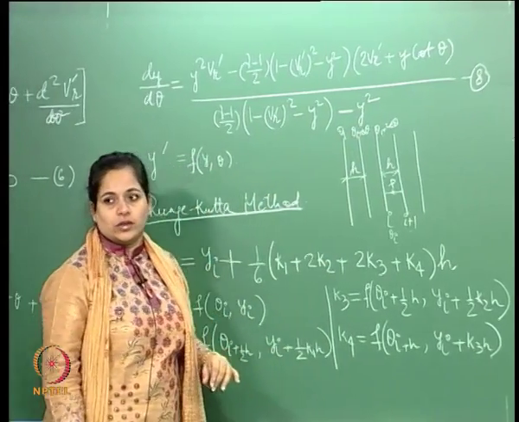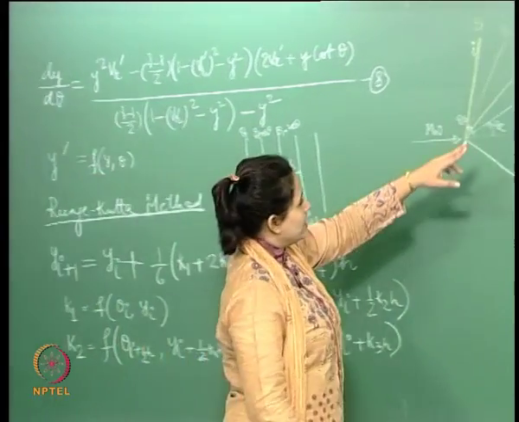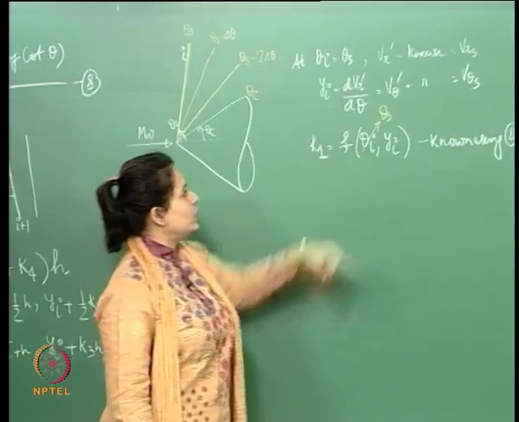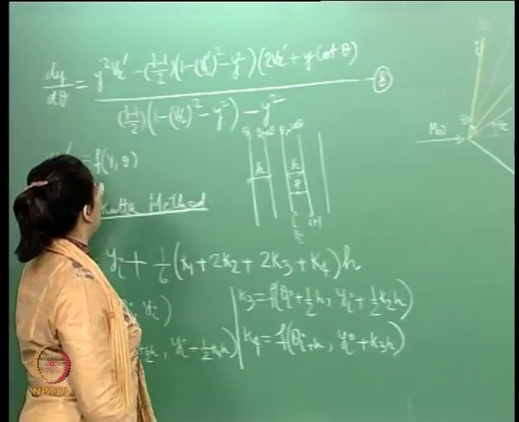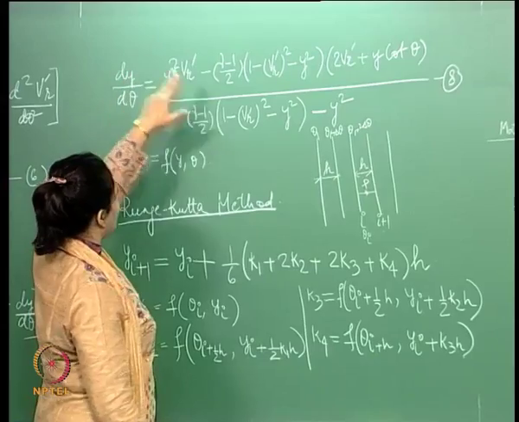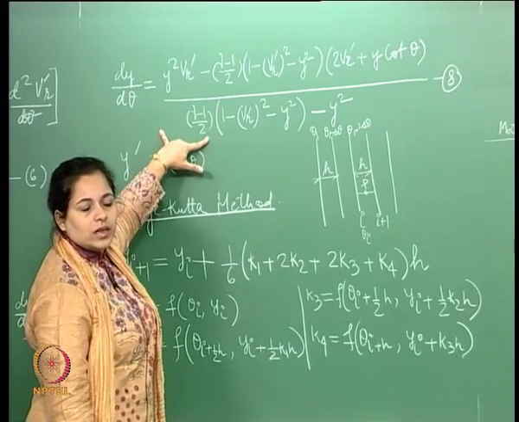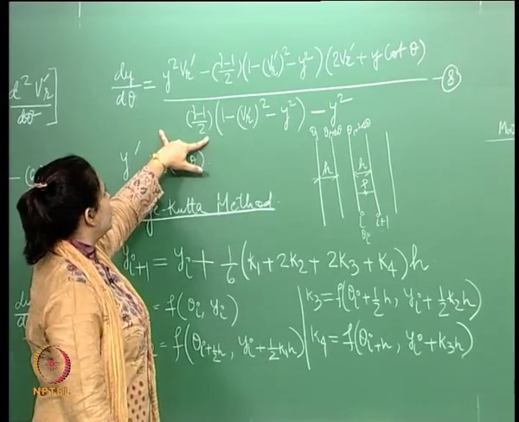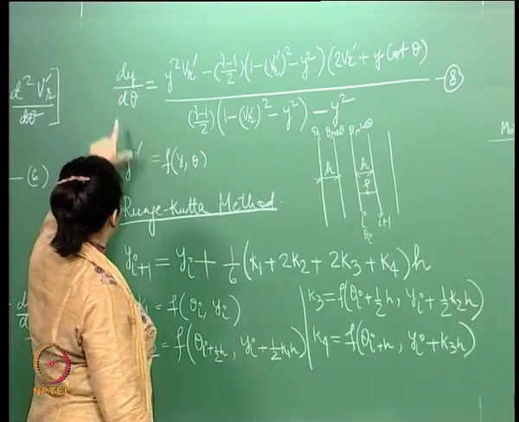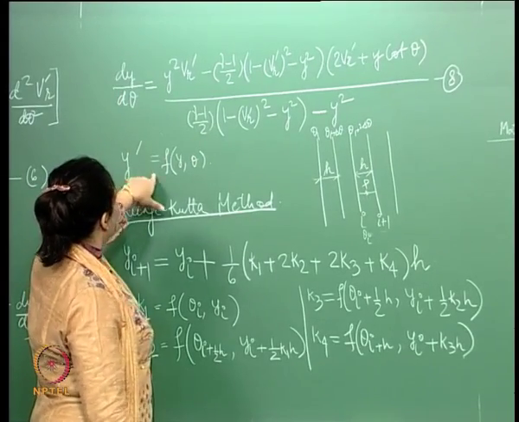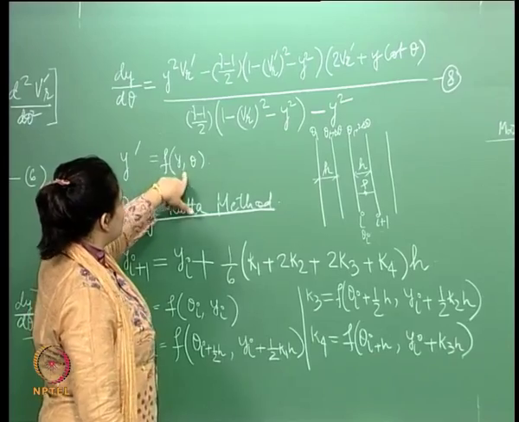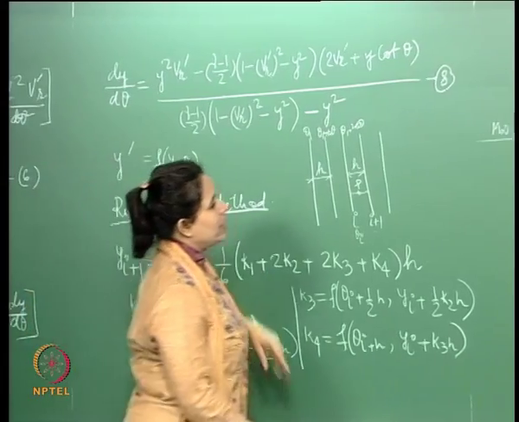This is also known, right. So yi is dVr dash by d theta, which is V theta dash. So this is also known. So you can basically calculate this particular expression, right. You can calculate the function value, which we are calling y dash. This function is known at theta s.